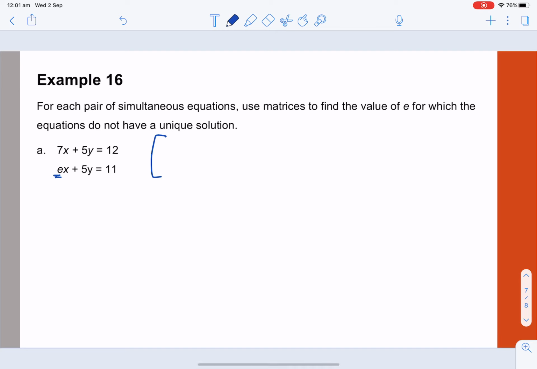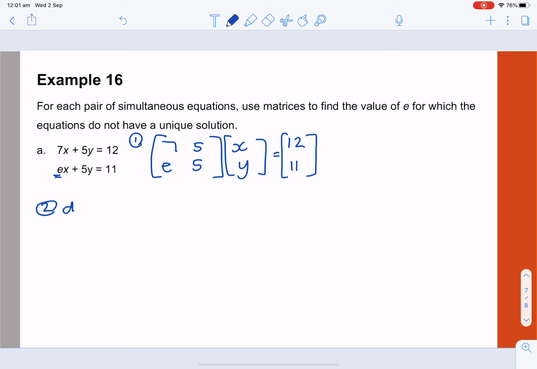So my square matrix would be 7, 5, e, 5. Then I have my pronumerals, which are x and y, and then that's equal to 12 and 11. So I've taken my coefficients, my pronumerals, and the product at the end of it. So that's our first step.